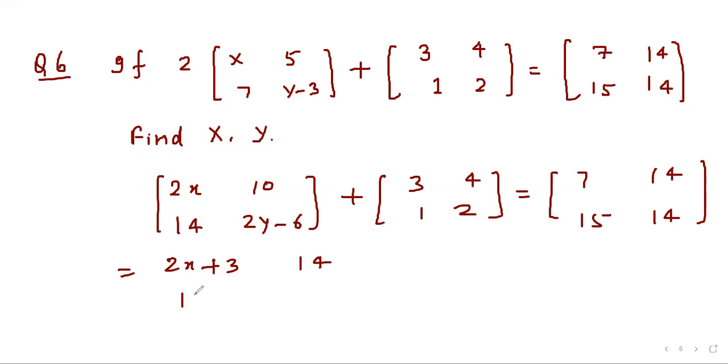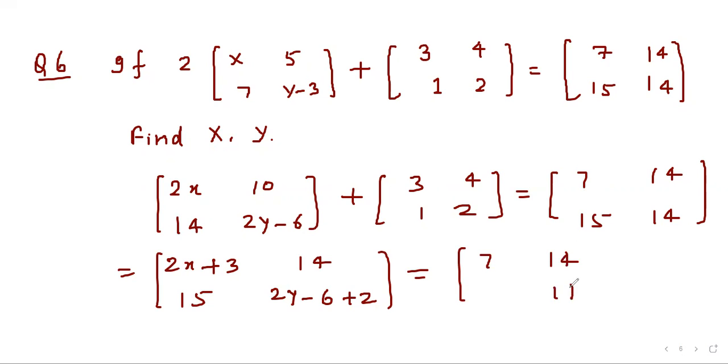This is 15. This is 2y minus 6 plus 2, equal to 7, 14, 15, and 15. So corresponding elements must be equal. 2x plus 3 equal to 7.